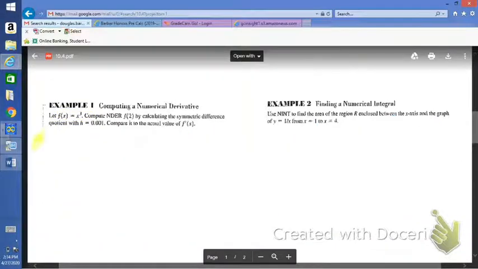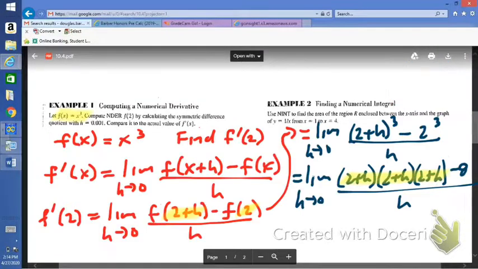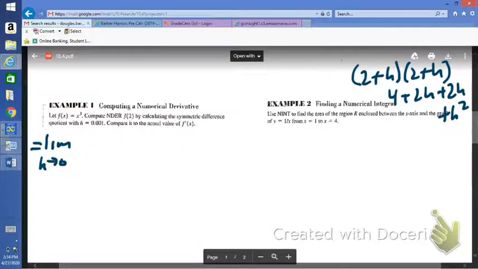Alright, so the limit as h approaches 0. Okay, so we have 2 plus h times 2 plus h. Let's multiply that together first. So we're going to get 4, and then plus 2h plus 2h plus h squared. So if we go back and multiply those together, you get h squared plus 4h.